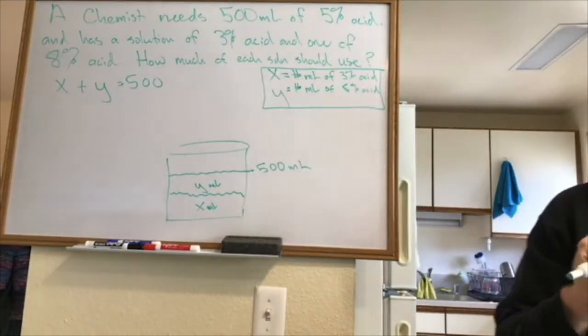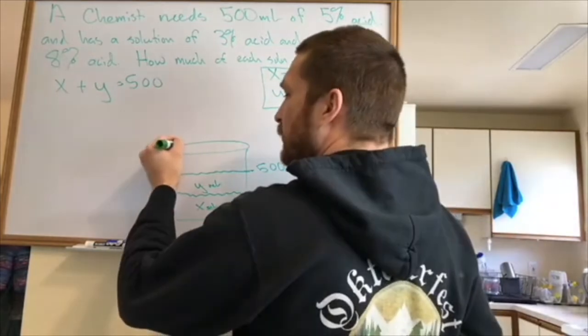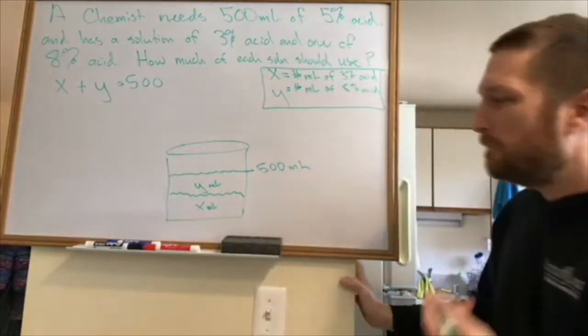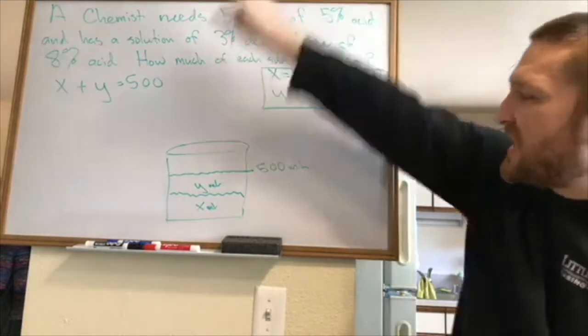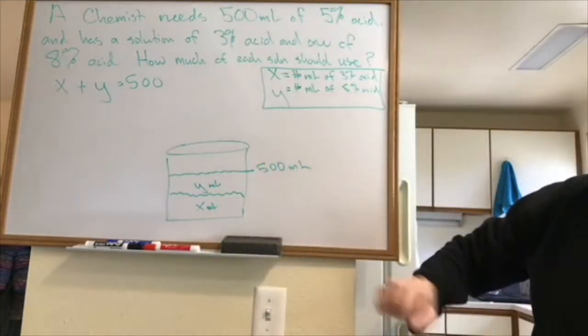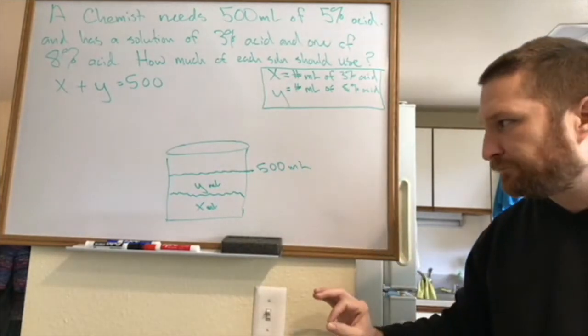So one thing we're going to think about is this. We know the total number of milliliters. We also know that some percent of this thing, in fact, 5% of this, is just pure acid.